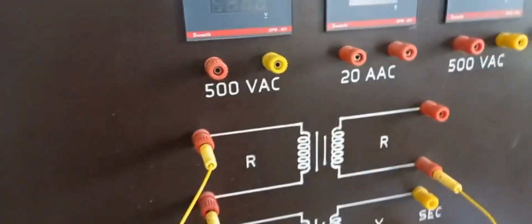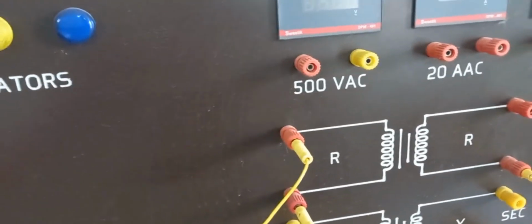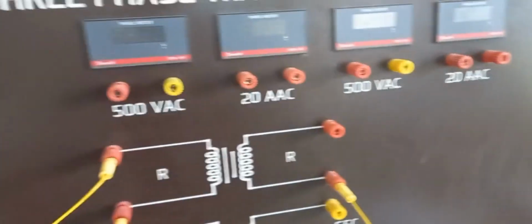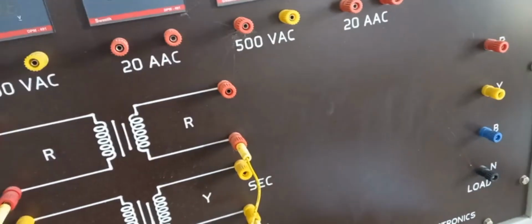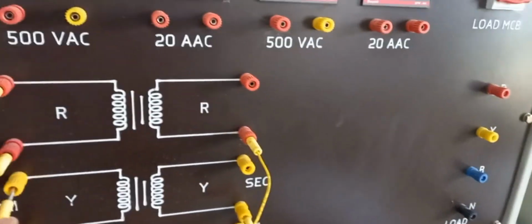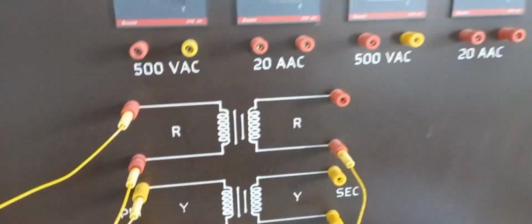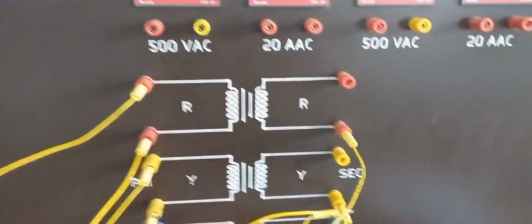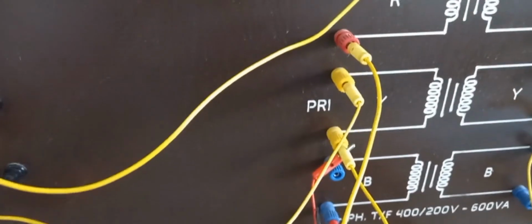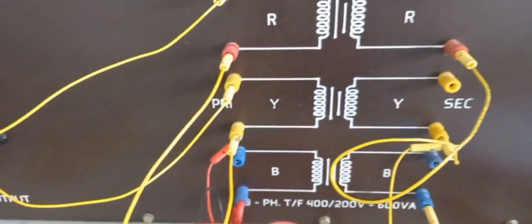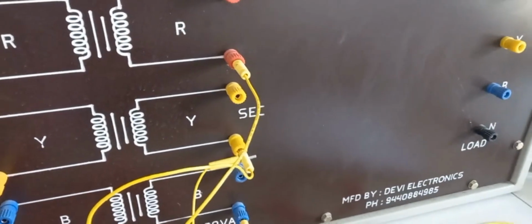So you simply remember our first terminal of the first phase is connected for first phase, and Y phase is connected for here first phase of the first terminal of primary side, and B phase of a source is connected for primary side B phase first terminal.